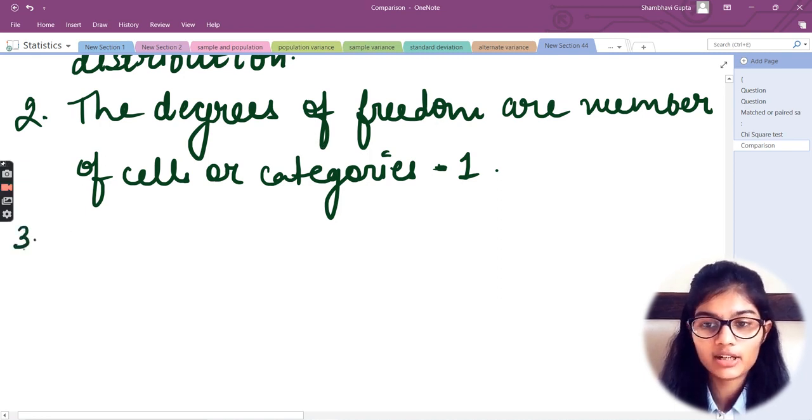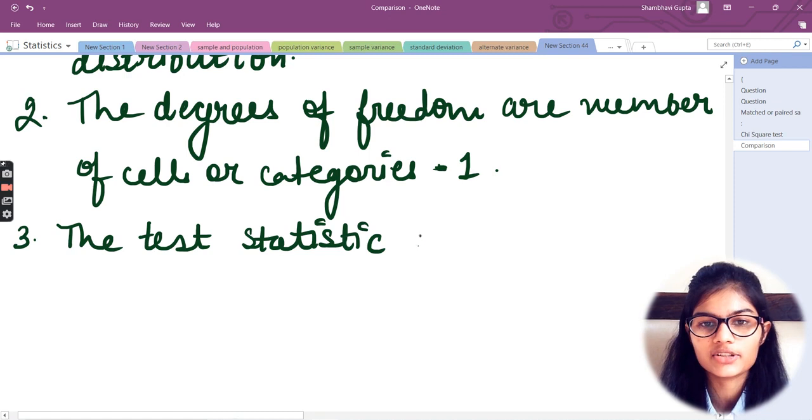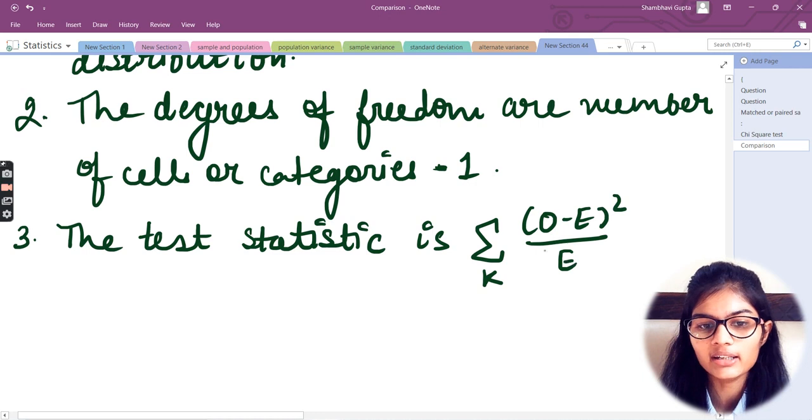Fine. Next, we have the third point: the test statistic. What's the test statistic that we have? We have already seen it: sigma, with k below, and above it (O minus E) whole squared divided by E, right?